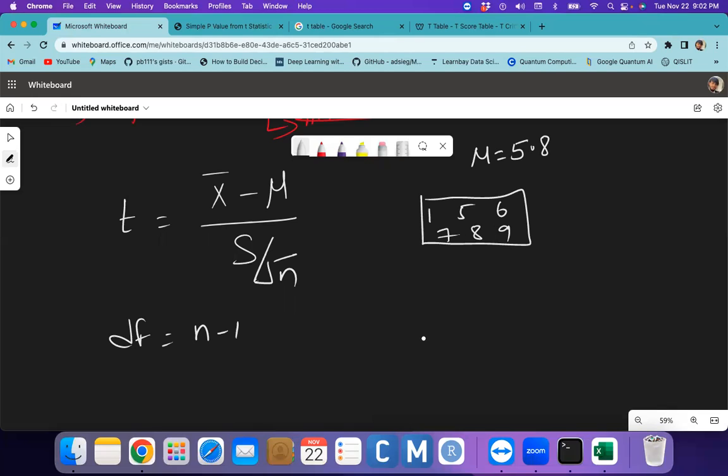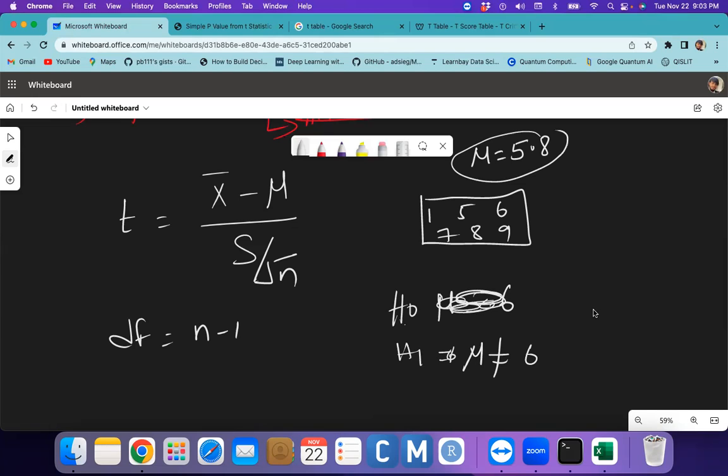But my question is whether my population mean is equal to 6 or not. That is what I want to calculate. So this is my null hypothesis, and the alternate hypothesis is that my mean is not equal to 6.